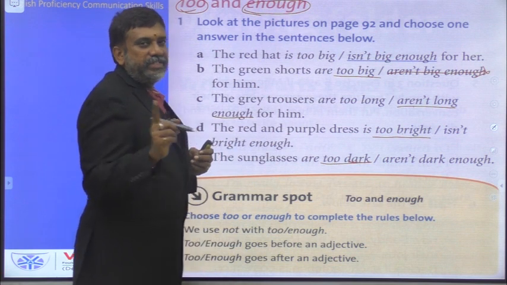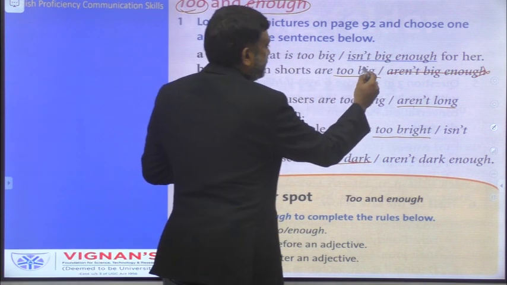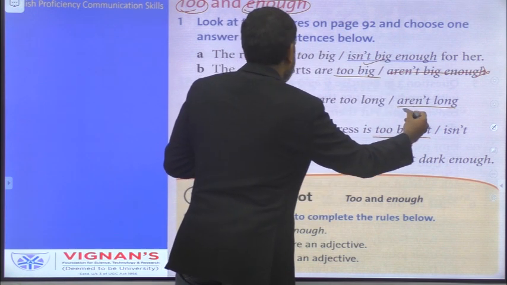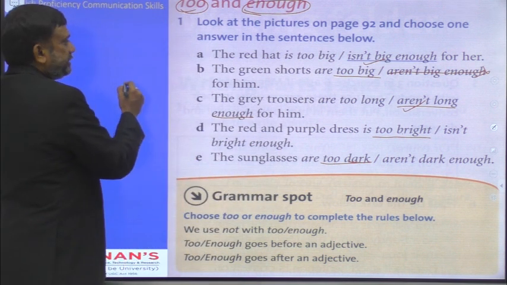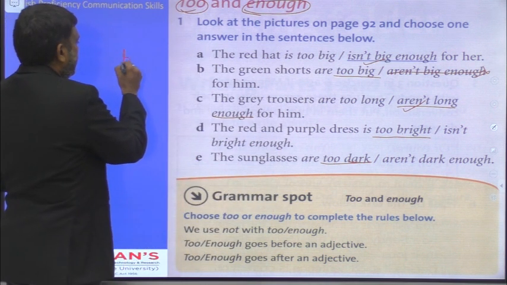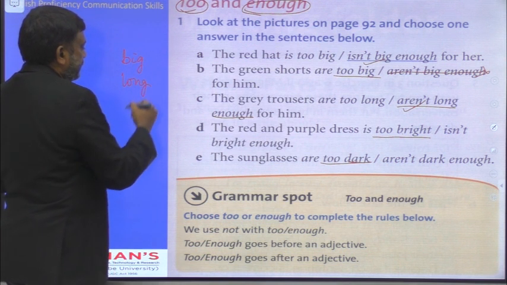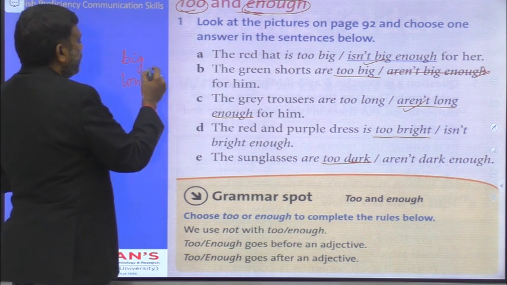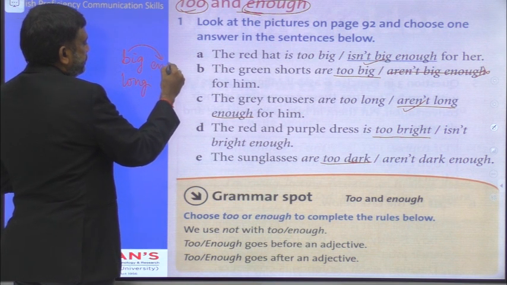So here, what is your observation? There are 2 answers. One is isn't big enough, another is aren't long enough. What is the thing here? We have seen here, big or long, these are adjectives. Whenever enough is used, it should come after the adjective.